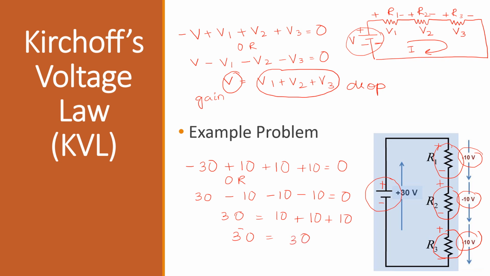Now this 30 is telling us about voltage gain, and this 30 is telling us about voltage drop. So this is Kirchhoff's voltage law, which states that the algebraic sum of all the voltages rising are equal to the sum of all the voltages dropping in a closed path.